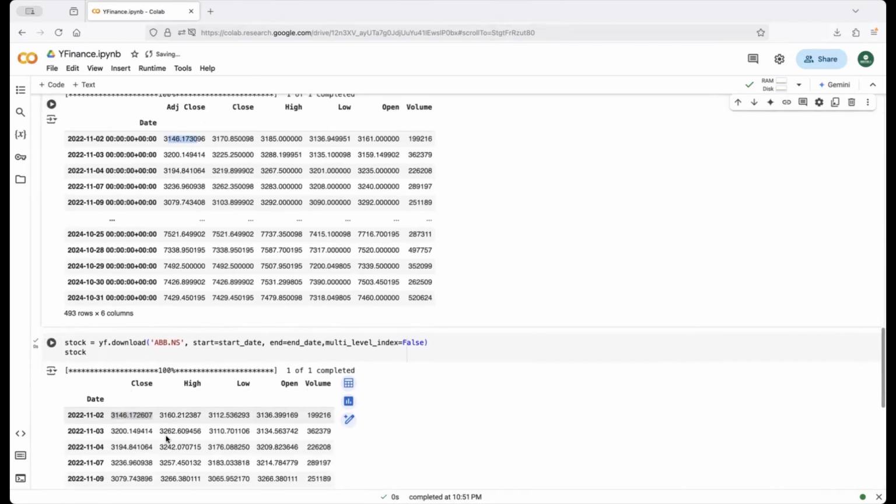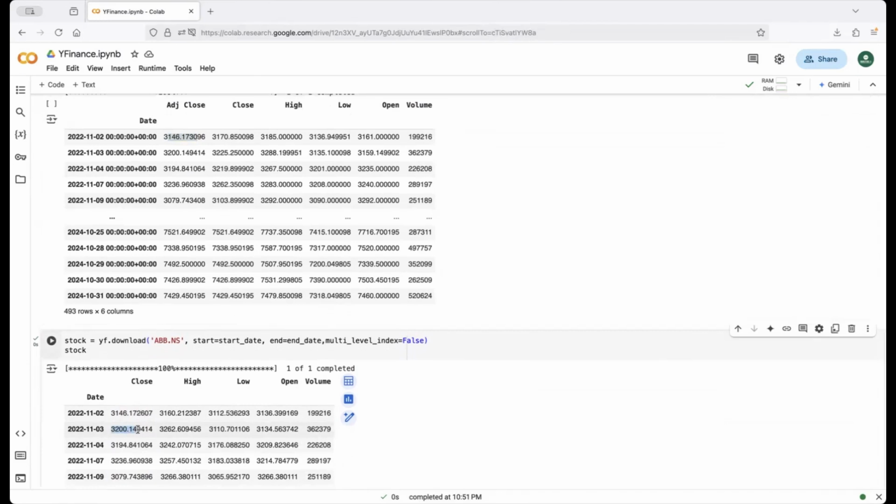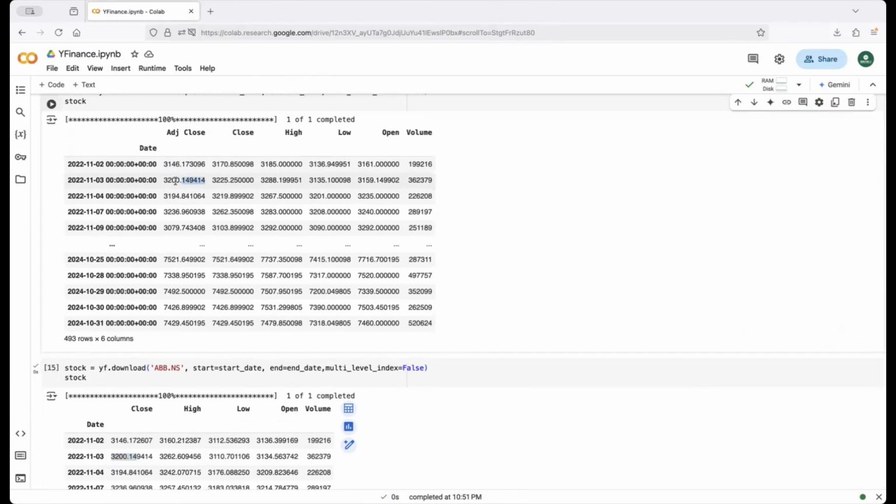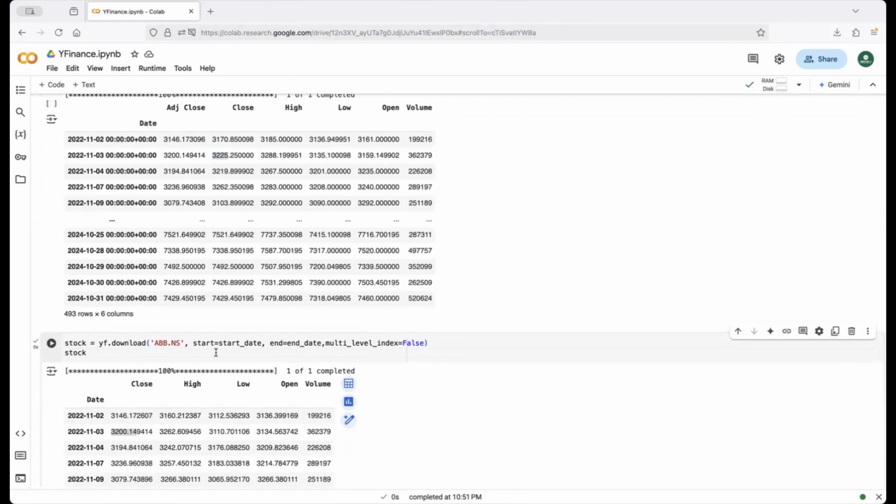If you see the close price now, on 3rd of November 2022, it's 3200.149, the same as the adjusted close price on 3rd of November 2022, whereas the close price earlier was slightly higher. So that means what Yahoo Finance is now giving as output is the adjusted close price. It's auto adjusting the price before giving you the close price.